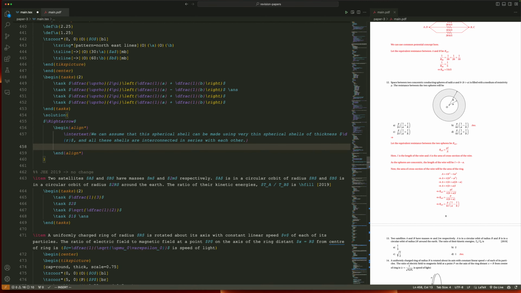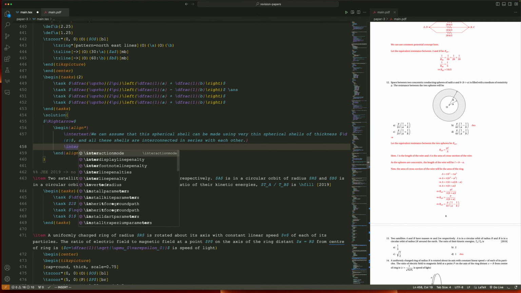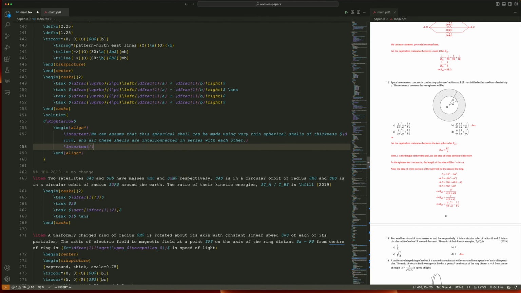So let's find out. Let's assume a thin differential shell of thickness dr and radius r.